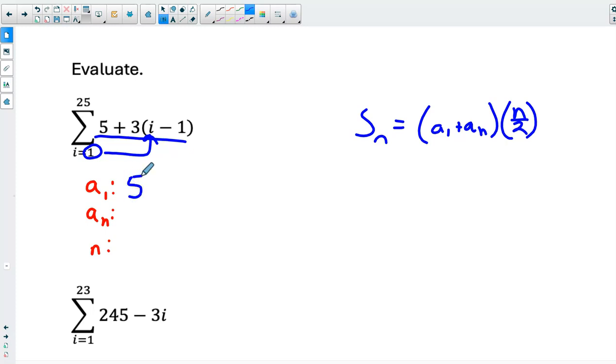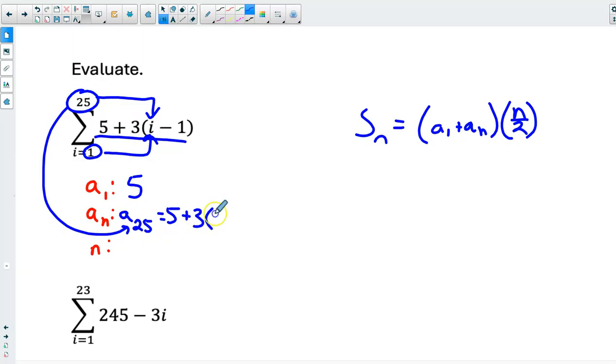I don't really need to see a whole lot of work with that unless the problem changes, which you're going to see down below. A sub n, this is really my 25th term. Realize that 25 is coming from right there. So I got my 25th term. So now I have to plug 25 in. So I'm going to have 5 plus 3, and then 25 minus 1. Let's calculate that and see what we get. Practice it. Make sure you can get it.